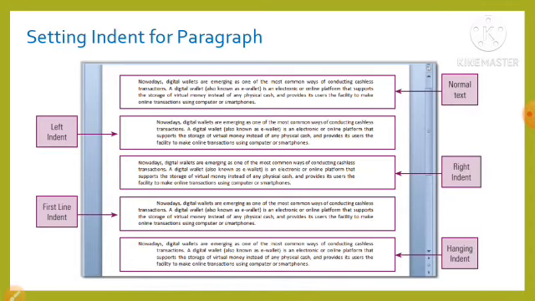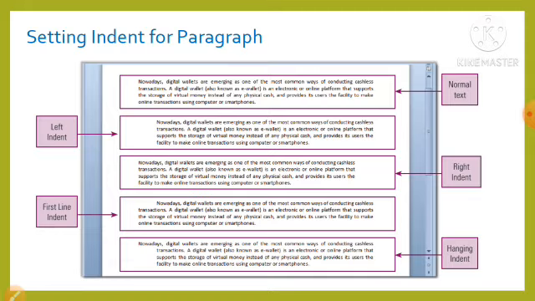Next is setting indent for paragraph. Indentation refers to the space between the text and the page margins. Setting indent for a paragraph means setting the left and right margins of the paragraph or text. Different types of indentations are available: left, right, first line, and hanging.